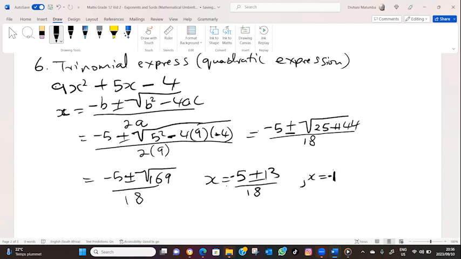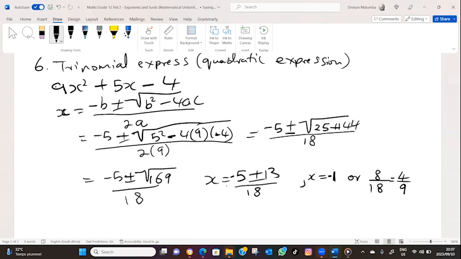It will give us 8 over 18, which, if we simplify, will be 4 over 9.